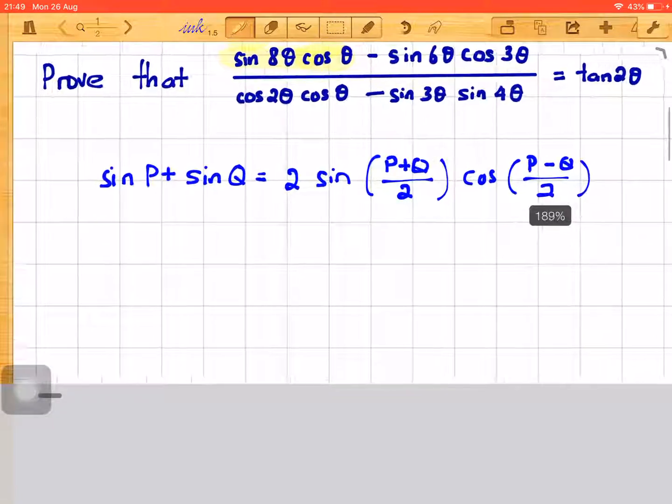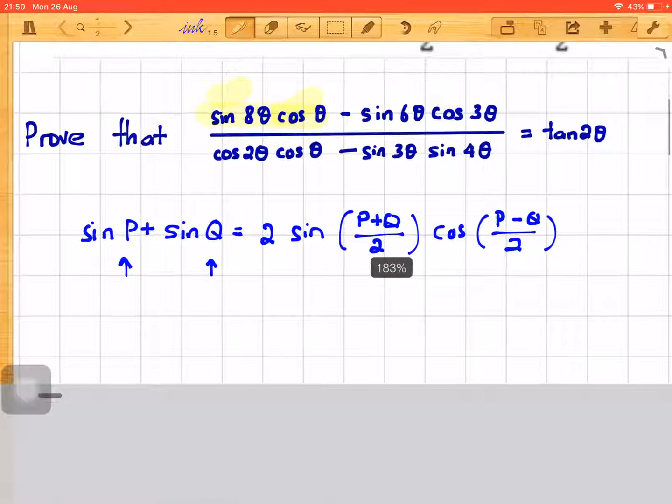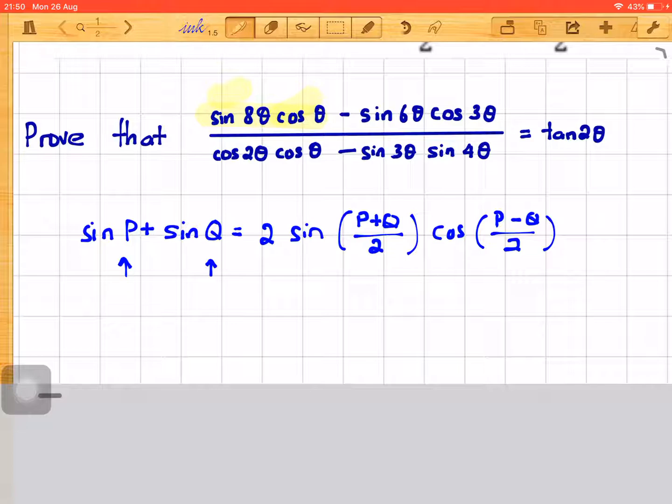In the exam, this formula will be given, so your job right now is to find the p and the q. So if you compare, the 2 doesn't exist here, so you have to move the 2 to the front.